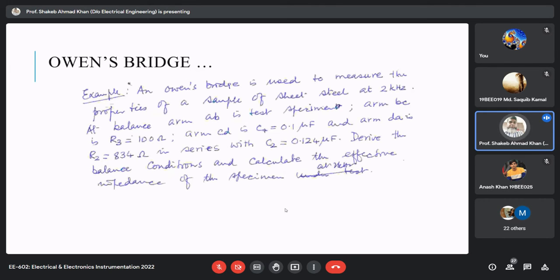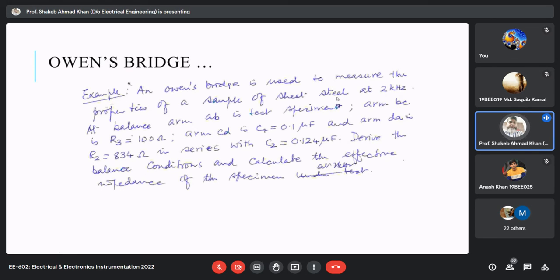You are required to calculate the impedance of the specimen. You see, in this problem, instead of a coil, we are using sheet steel. So electrical methods are used for quality control also. Like in this case, we are using Owens bridge to test the sheet steel.